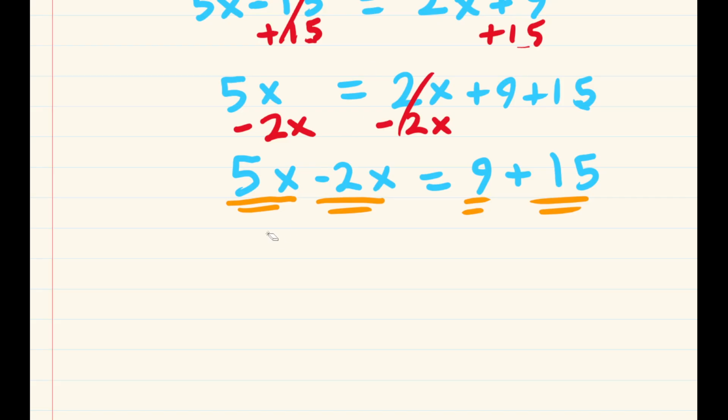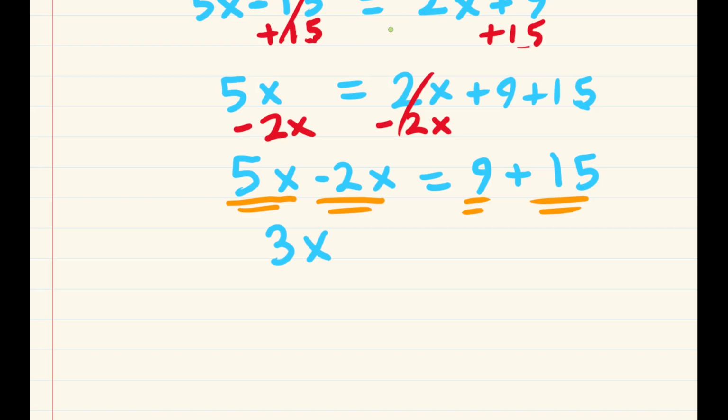So how do we combine these like terms? 5x minus 2x? Well, let's not think about the variable for a second. Ignore the x. What is 5 minus 2? 5 minus 2 is 3. And then we attach the variable x. So 5x minus 2x is 3x.